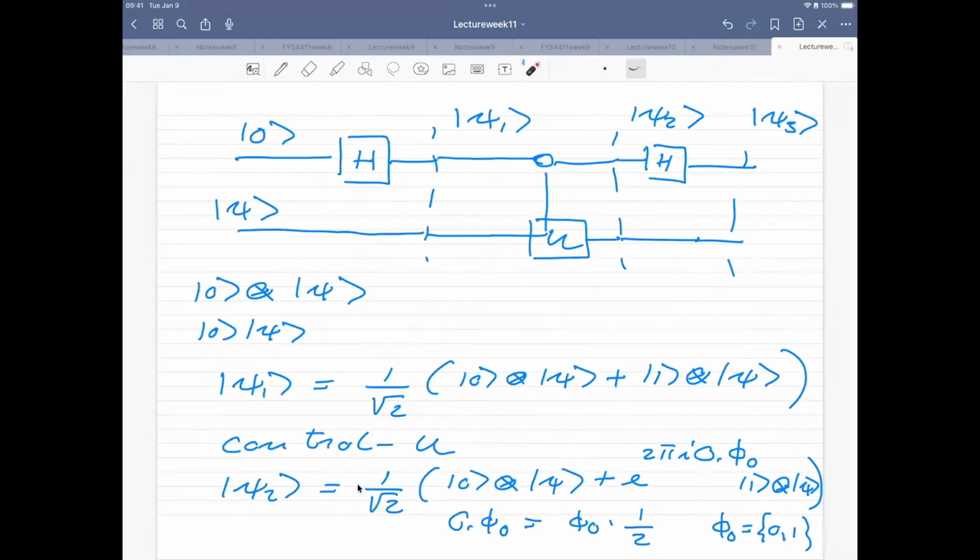And then we performed the controlled U operation, which acts on these two states. But when we simply have one qubit, we have only phi0 here, and phi0 takes the values 0 and 1. That means if it's 0, then this obviously becomes 0. If it's 1, it becomes a half. So that's the only information I can extract here.